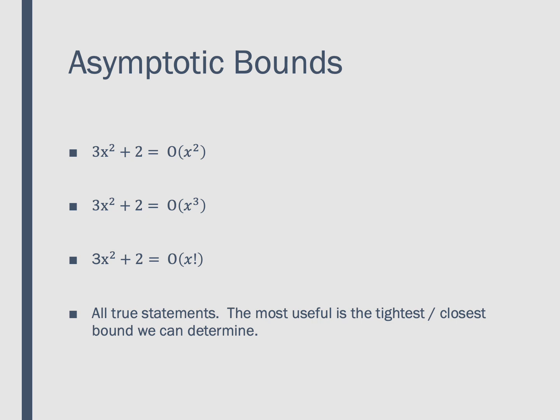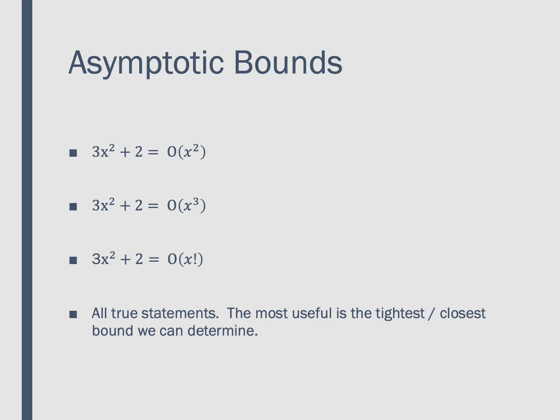Next, 3x squared plus 2 equals big O of x cubed, which is also true. Why is it true? Because x cubed grows faster than x squared. Therefore, x cubed is an upper bound for this function, but it's not the tightest bound.